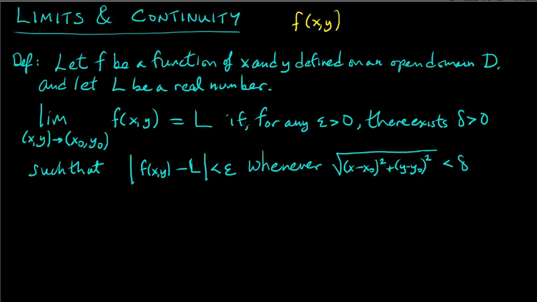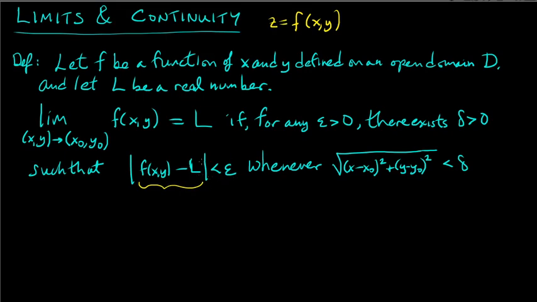So here's the definition. For any given number epsilon, there exists another number delta, such that in absolute value, the difference between the value of the function and L is less than epsilon. So what that means is L and the z values, remember, z is the values of the function, are very close together.